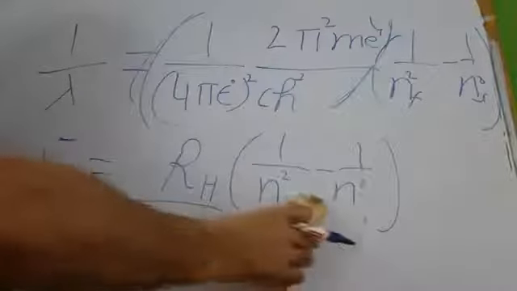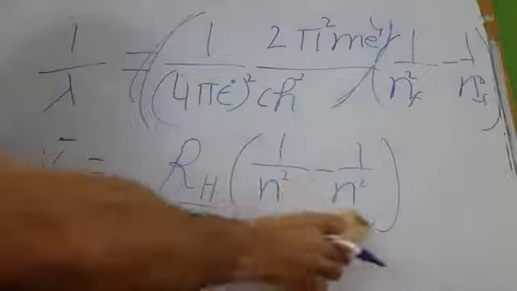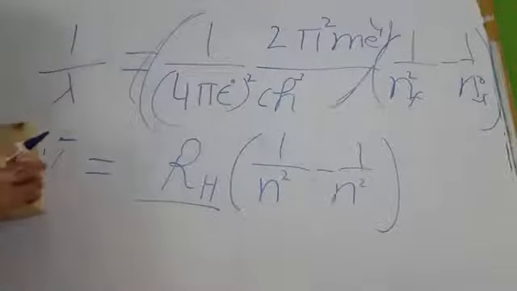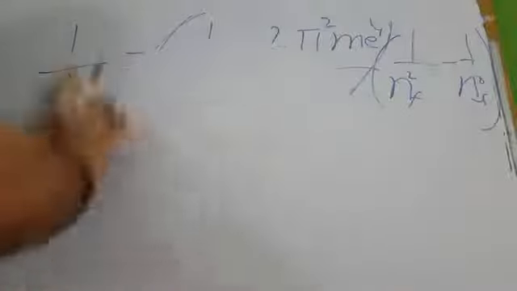Therefore, we can calculate through Bohr's model the different photons emitted during different transitions of the electron in the hydrogen atom. Bohr could therefore explain the hydrogen spectrum.